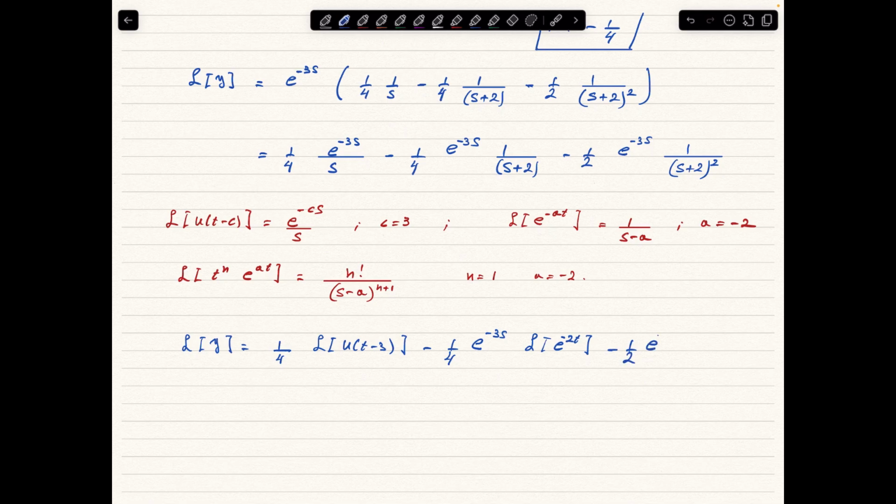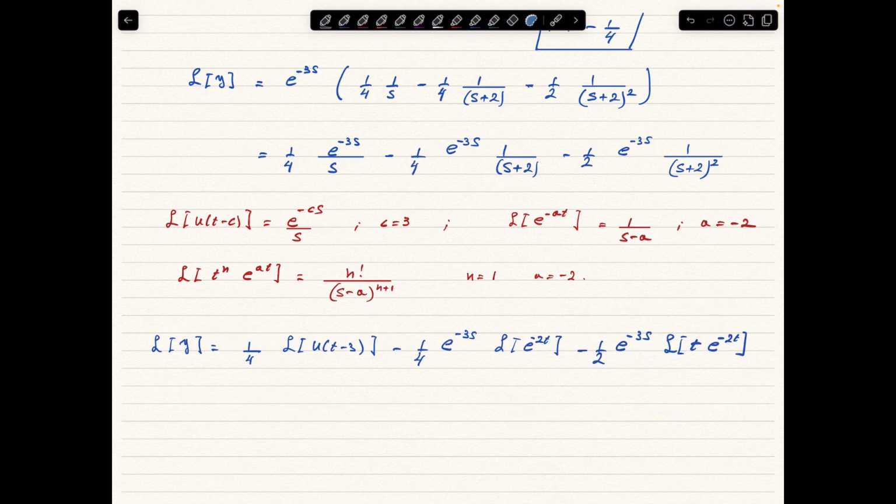We still have the exponential negative 3s, and now here we have the Laplace transform where n is equal 1, so t exponential negative 2t. Okay, let's move this equation a little bit to the left so we have space.